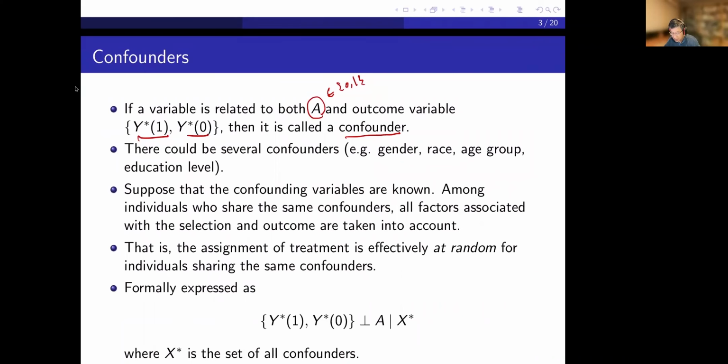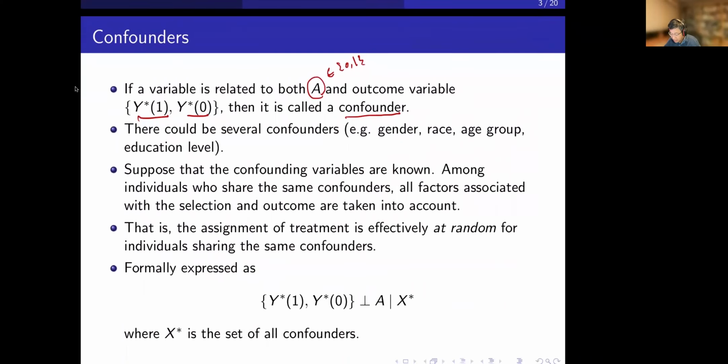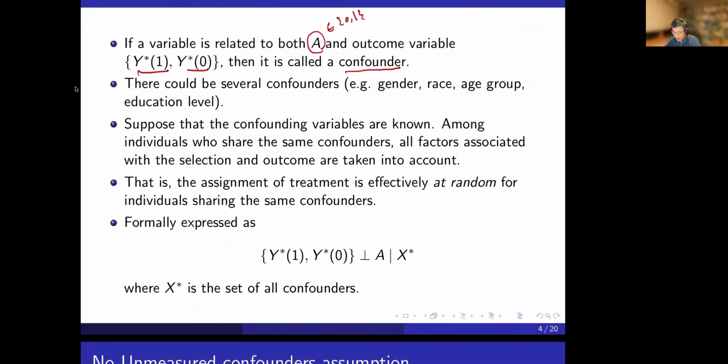Suppose the confounding variable is unknown, then we should take the confounders into account in the model, right? Once the confounding variables are all included, then within the same confounder, the assignment of the treatment is essentially random.